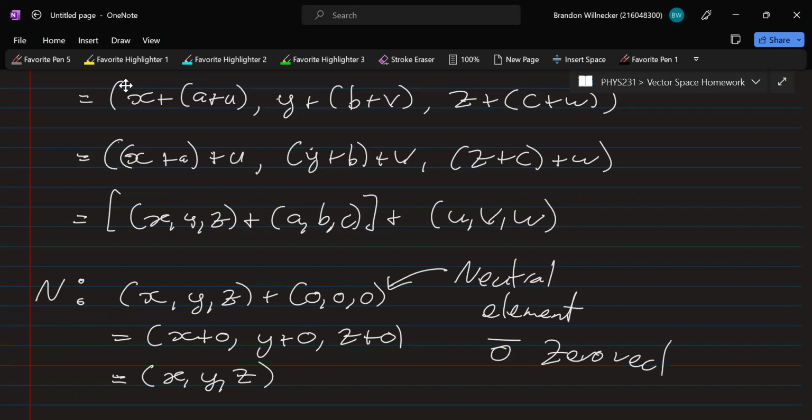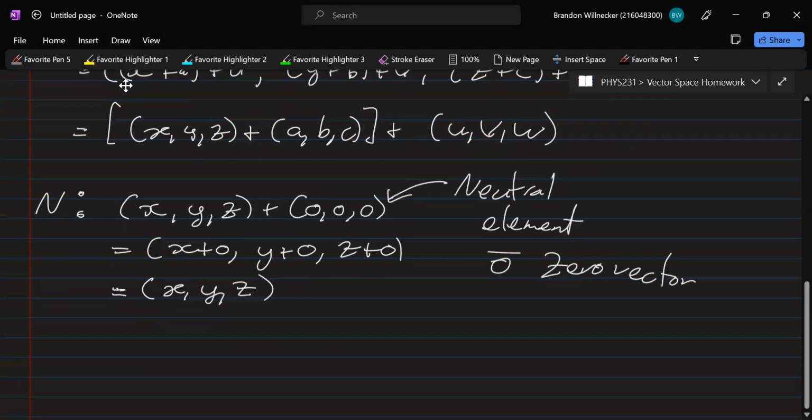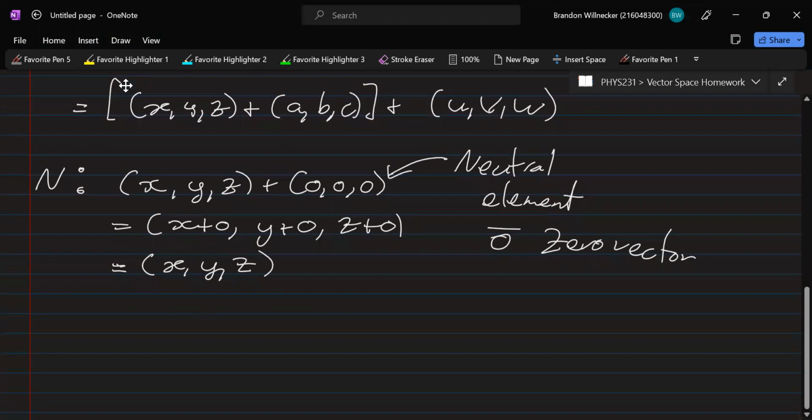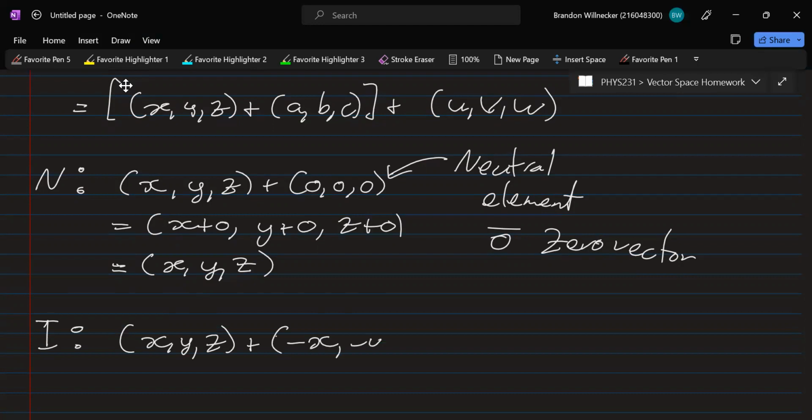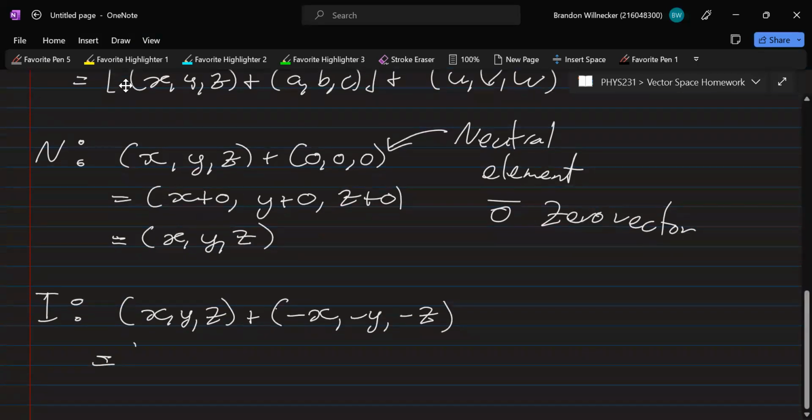Okay, and then finally, for this addition, we have the inverse. So if we're given x, y, z, my claim is that the inverse is minus x, minus y, minus z. We can show that that's the inverse by just adding these.